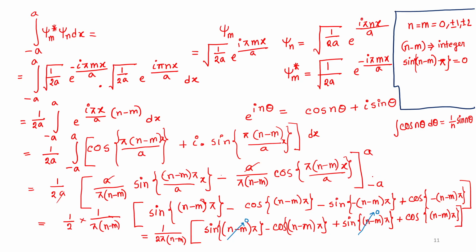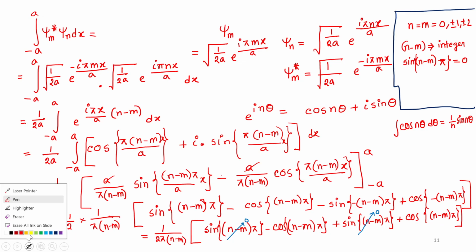Now when I put the value of minus a in place of x, it is minus sine plus cos. That's why this minus sign has come. But inside the cos, a negative sign doesn't mean anything; that is the same as the plus. Okay. Now see that minus cos (n minus m) pi and plus cos (n minus m) pi.